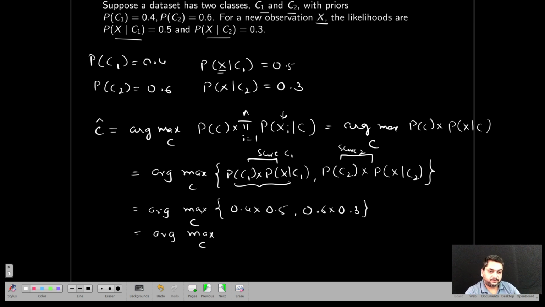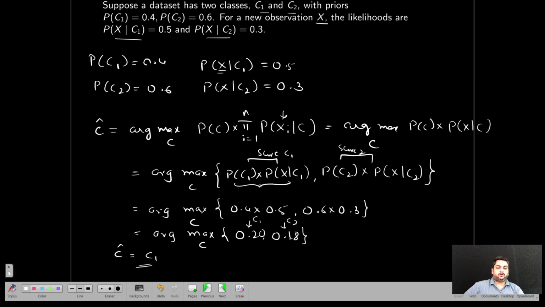We get 0.2 and 0.18. Out of this you select the maximum. This is the maximum, C1, and this is C2. So what is my classification? We classified it as class C1. This is the MAP rule.